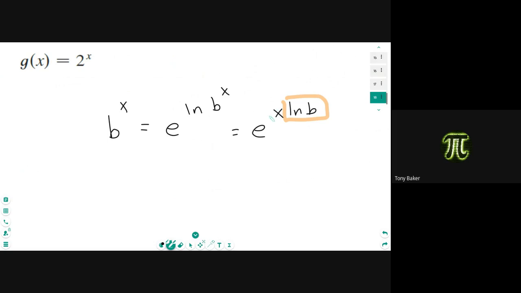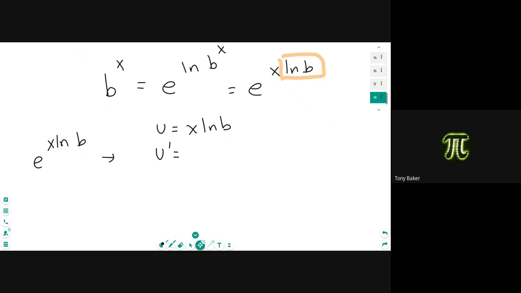Okay. So I've got e to the x ln of b. So u is x ln of b, right? So what's u prime? What's the derivative of x?